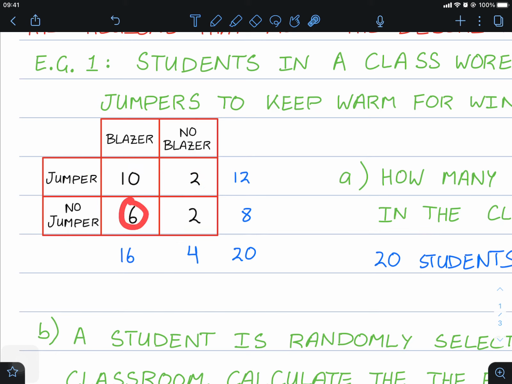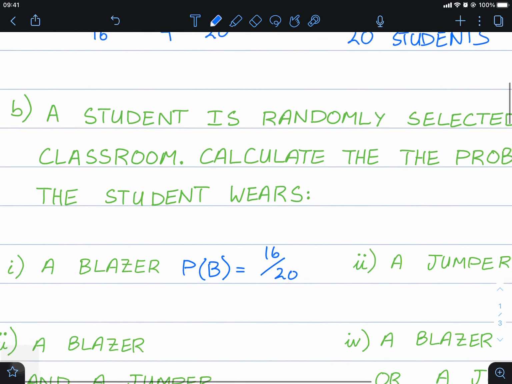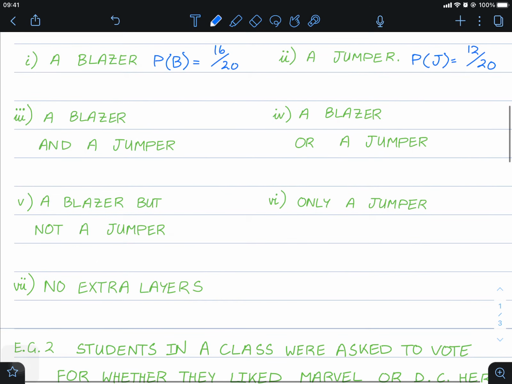This person here wears a blazer but no jumper, whereas the 10 here are blazers and a jumper, so we're looking at 10 people for this one here. So the probability of jumper and a blazer is equal to 10 out of the 20.